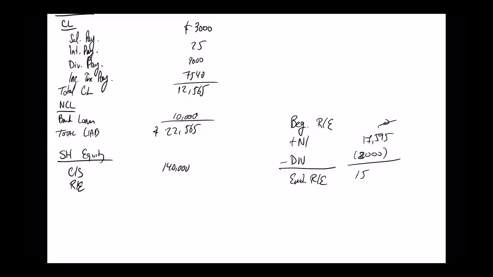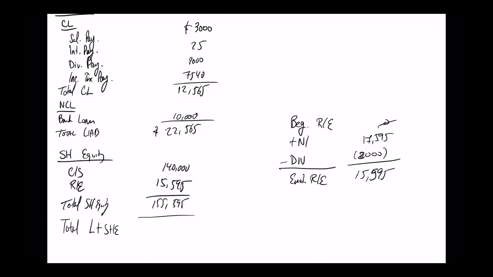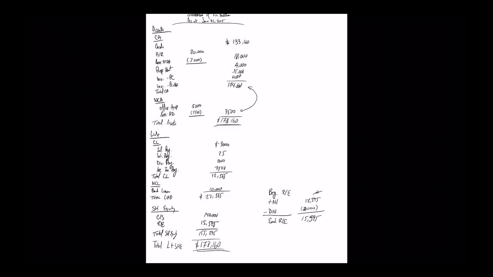So our ending retained earnings is 15,595. So 15,595 gives us our total shareholders' equity of 155,595. And when you add them both together, total liabilities plus shareholders' equity gives us 178,160. And if you look, they balance. So we know we did the problem correctly.